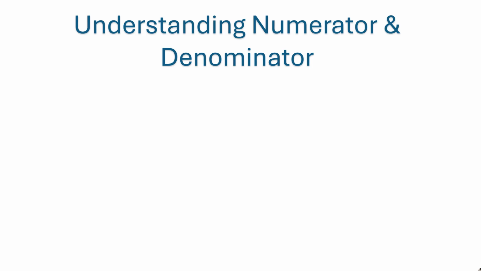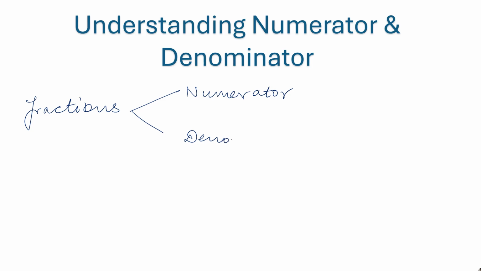Fractions basically have two important parts. One is called the numerator and the other one is called the denominator. Now, is something clicking in your mind, what is a numerator and what is a denominator?